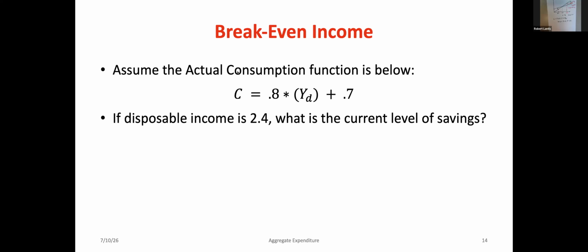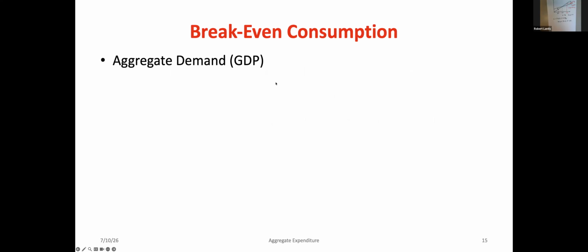Okay, just make sure there's nothing in the chat there. All right. So we just worked through this problem. So now we're going to transition from the question that was just previously asked, right? So this consumption is essentially going to be part of our GDP calculation.